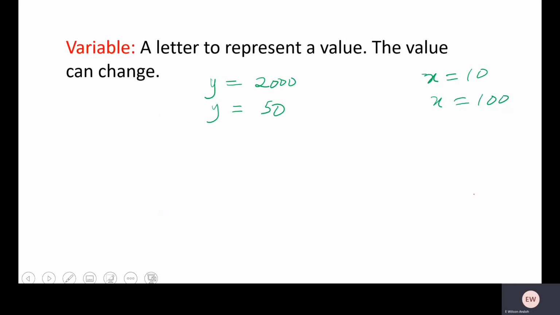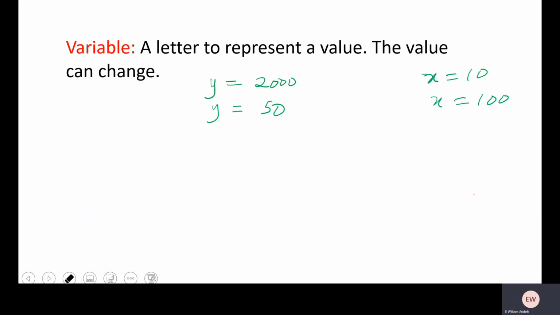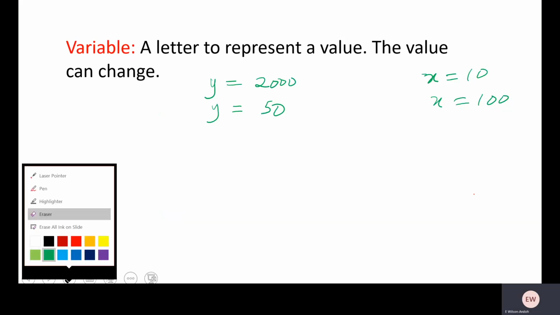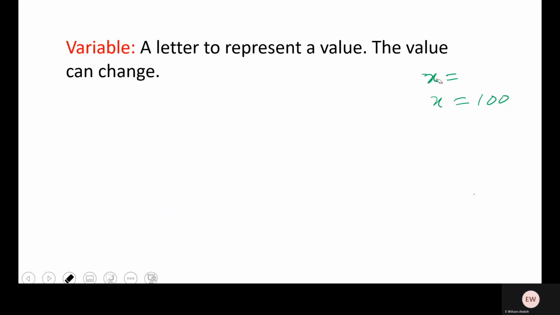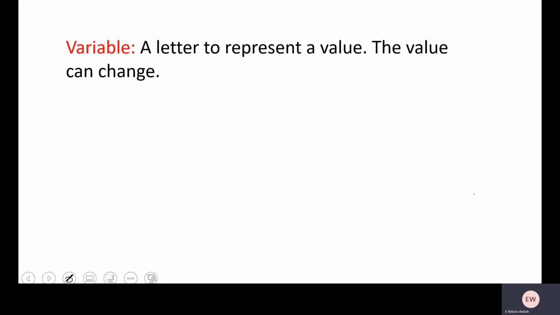Now, one example of using these variables is, for example, let's say you went to the market to buy a box of pencils, and in each box, the number of pencils is 30,000. So instead of writing 30,000 on your sheet of paper or on your list or on your receipt, you can use a variable to represent that number.